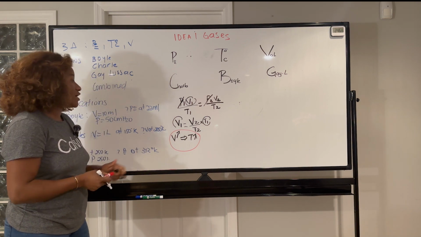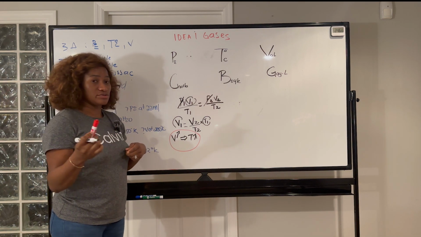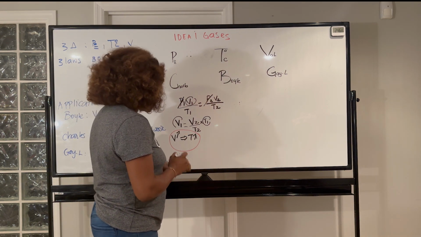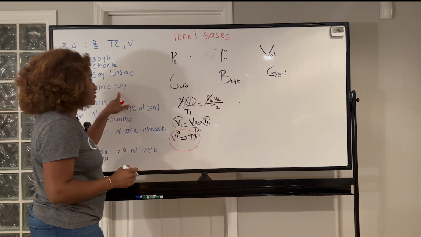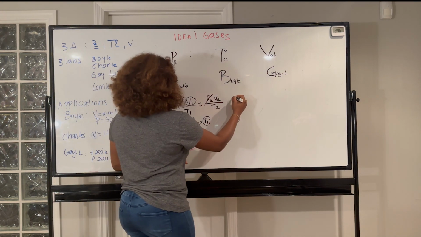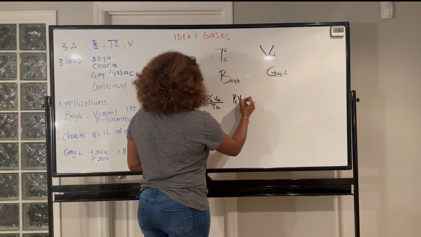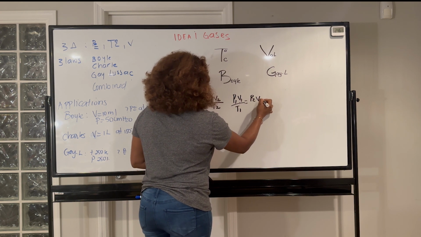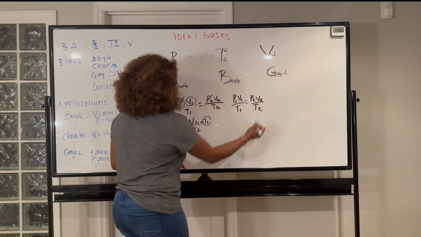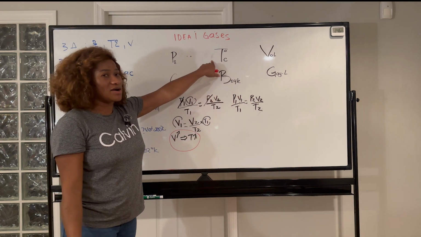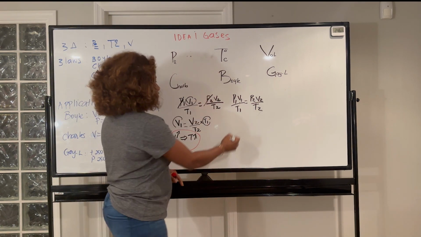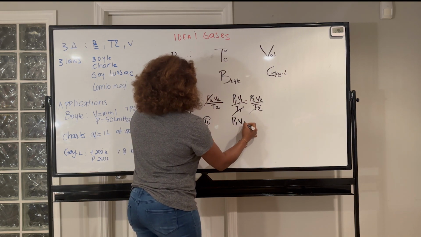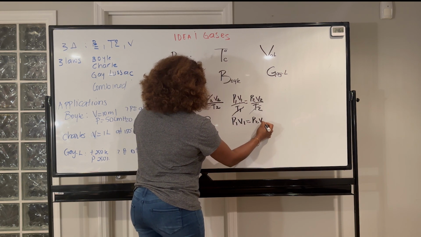They are directly proportional. Now let's go to Boyle's law, and we're still going to use the same equation, the combined gas law. It's going to be P1 V1 over T1 equals P2 V2 over T2. Here, what is constant is the temperature, so I'm going to cross out my temperatures. P1 V1 equals P2 V2.